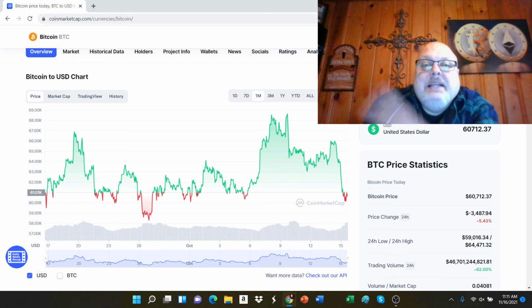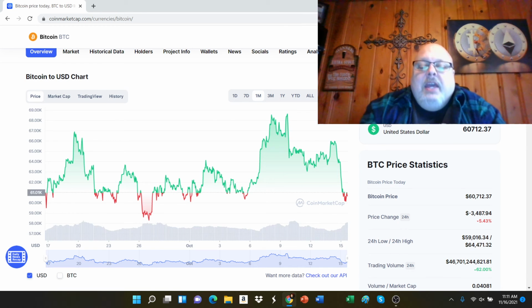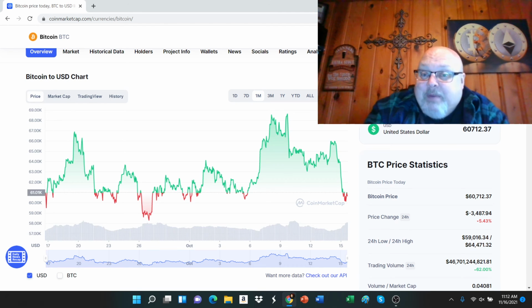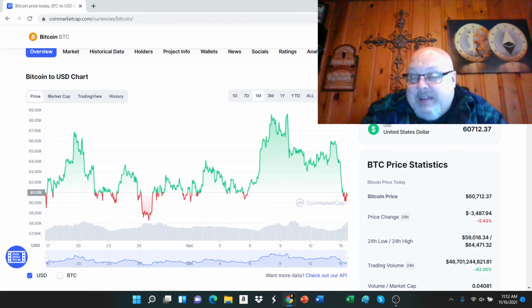So here's the basic bet. If it hits 65 before it hits 58, I make $50,000. Are you listening to me? If it hits 65 before it hits 58, I make $50,000. If it hits 58 before it hits 65, I lose $60,000.